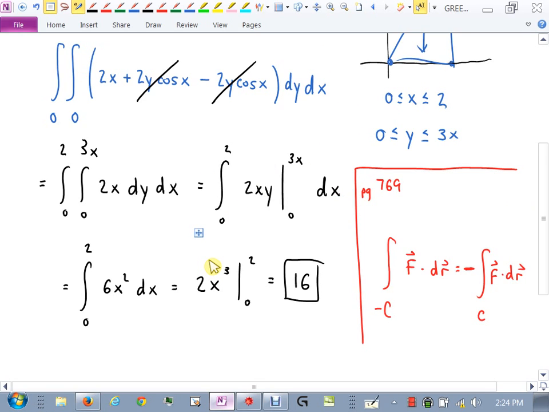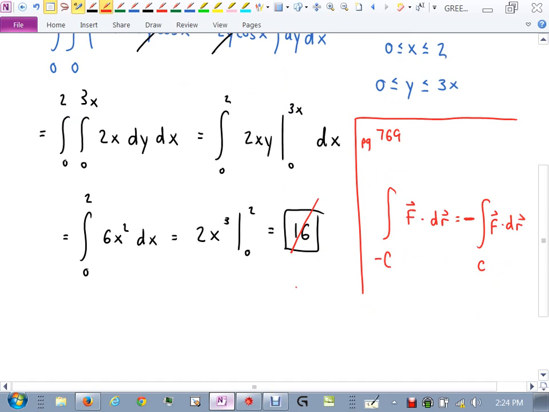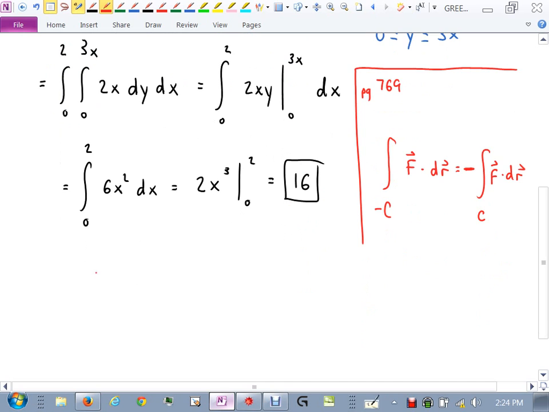So if you change the orientation of the curve, the direction of the curve, it changes the value of the line integral over the vector field. So for us, by changing the orientation to make Green's theorem work, we have to now go back and change the answer to negative 16 instead of positive 16. Okay? So I'm going to scrap this, and I'll just put this one.